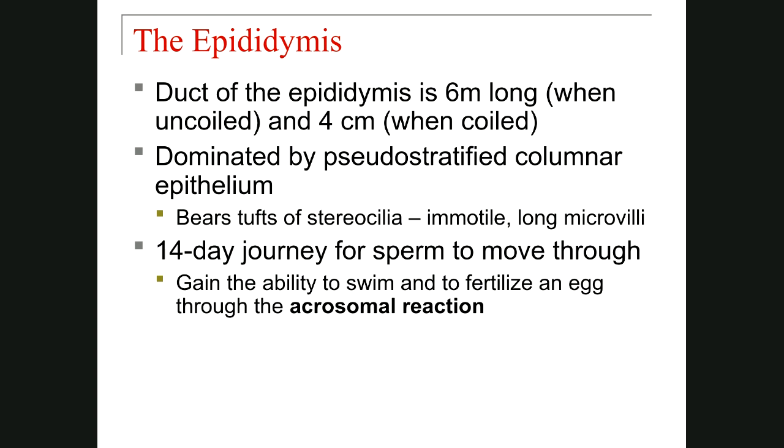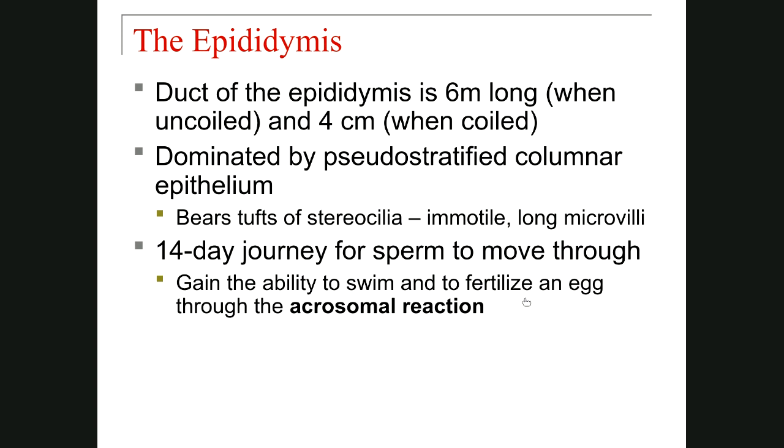The sperm pass these long ducts in 14 days, and during these 14 days the sperm can gain the ability to swim, and it can gain the capacity which we call the acrosomal reaction, and after that it can do fertilization. The acrosomal reaction means that in the acrosome, which contains many digestive enzymes, we have some changes. The digestive enzymes become active, and now it can do fertilization.